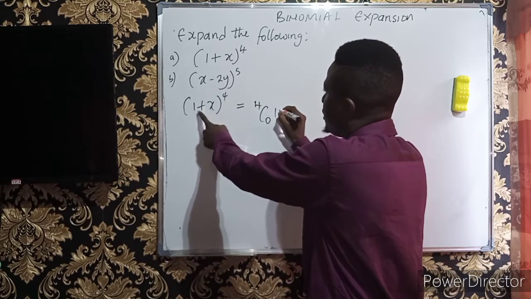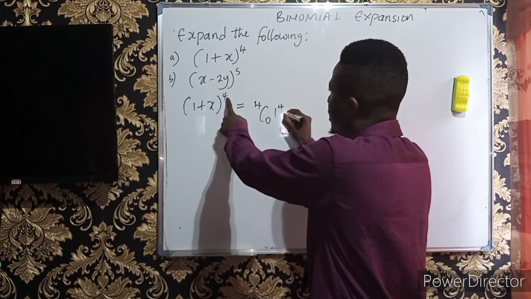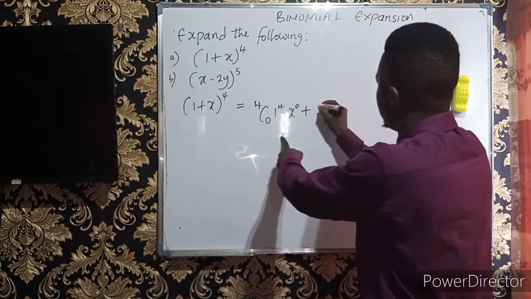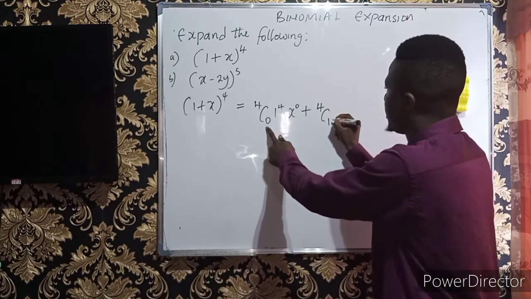Combination 0, I have 1 to the power of my power, which is 4, times x to the power of 0, plus 4 combination 1.